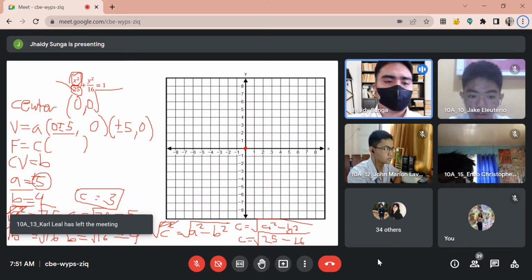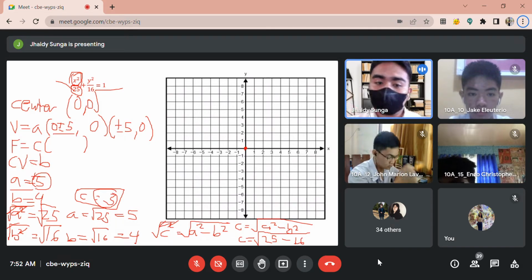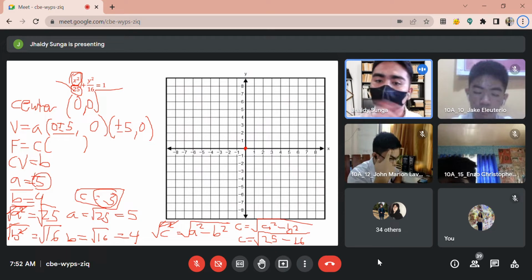Now, let's try to find the value for C. What's the value of C? It's 3. And we know that the foci lie on the major axis. They are both on the major axis.